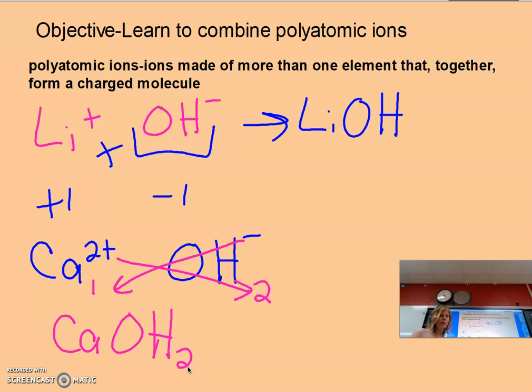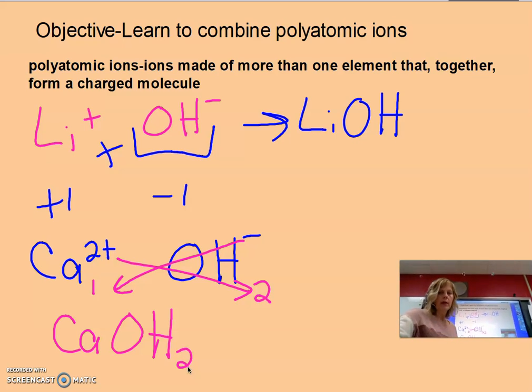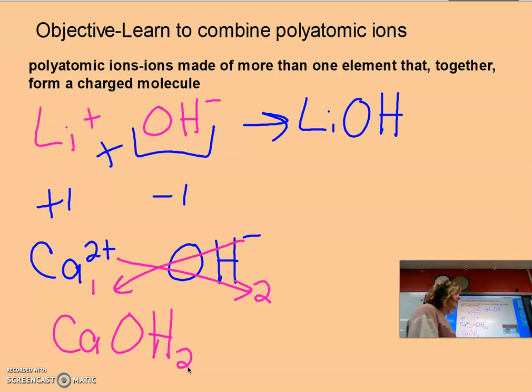The way this is written right now is really a problem because what it looks like is that I have 1 calcium and it looks like I have 1 oxygen and 2 hydrogen. And that's not true. That's not at all what I have. I actually have 2 of these.